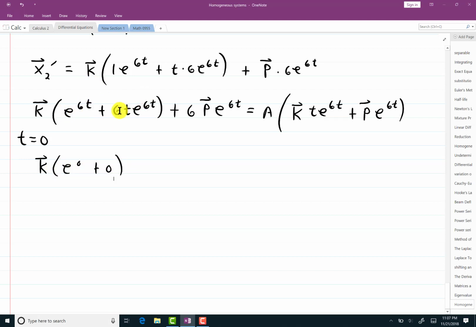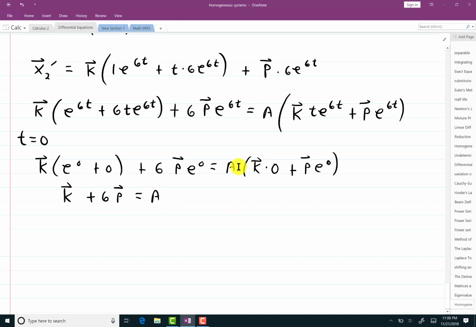That'll be a 1 here and a 0 here, plus 6 p arrow times e to the 0 equals A times k arrow times 0 plus p e to the 0. Well, this simplifies quite a bit. Here I'm just going to get a k. Here I'll get 6 p arrow. On the right hand side, I will get A times that.